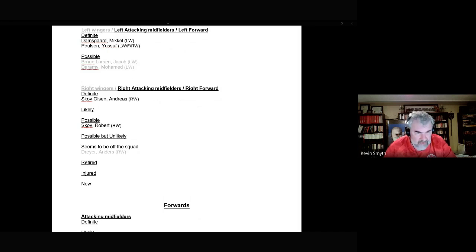Finally, we have Anders Dreyer. Anders Dreyer made just 1 appearance as a substitute in 2 games in November 2021, but he left as quickly as he came. He's just 24 years old, so possibly will make it back.